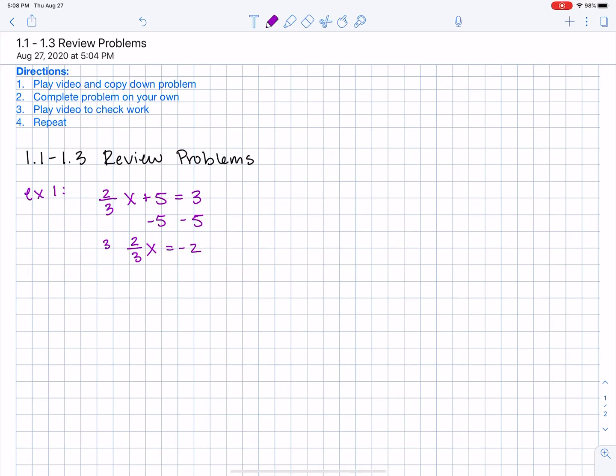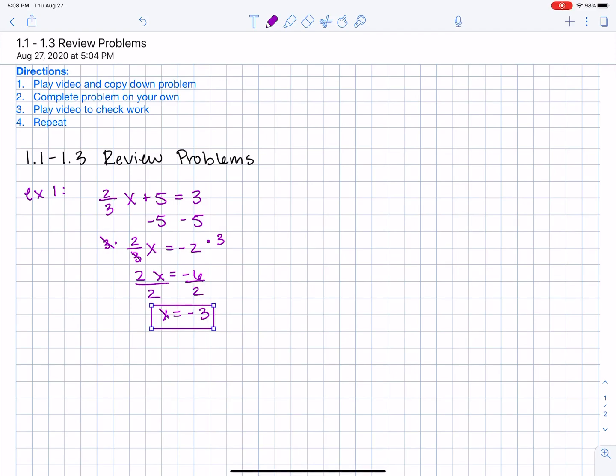Then you would have multiplied both sides by 3. That caused this to cancel out. 2x is equal to -6. Divide by 2. Divide by 2. X is equal to -3. So that was option 1 on this one, but you might have seen it a little bit differently.